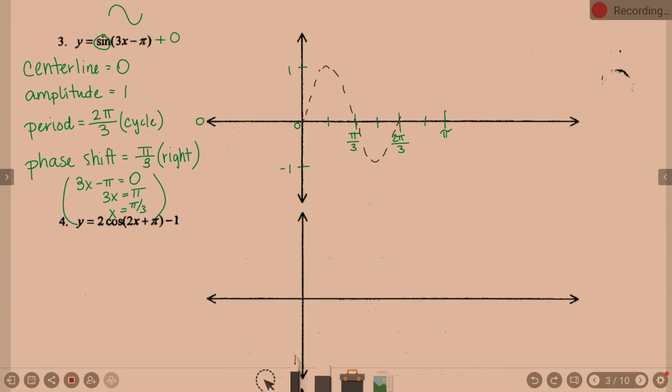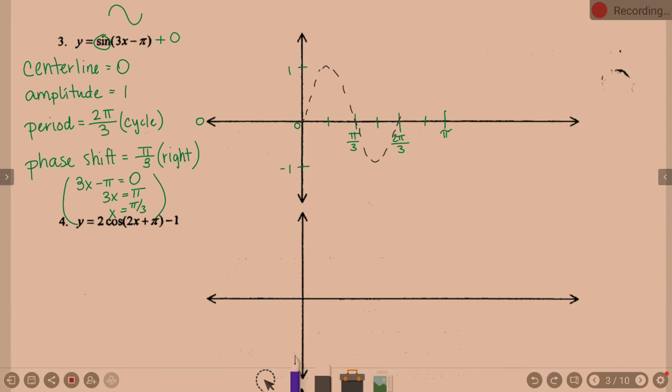Now I'm going to take this graph and shift it pi over 3 to the right. How much is pi over 3 on this graph? How many marks is it? 0 to pi over 3 is 2 marks, yes? So every key point can shift 2 marks to the right. Does that make sense?